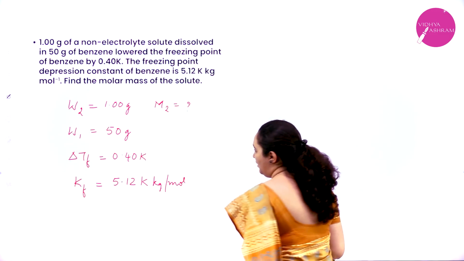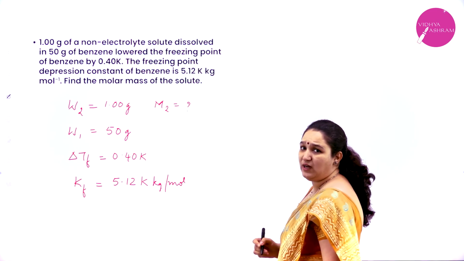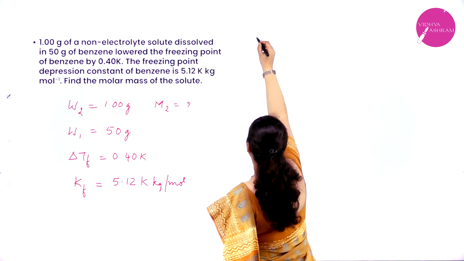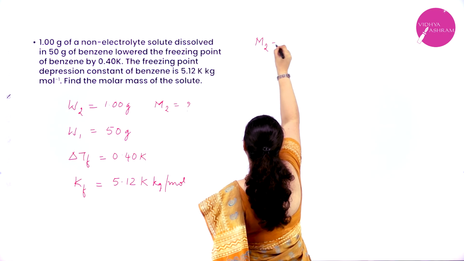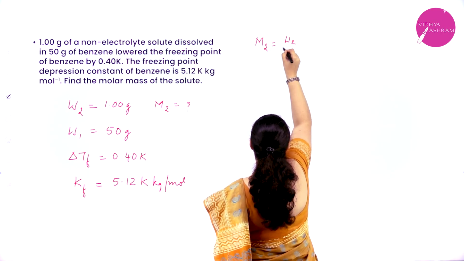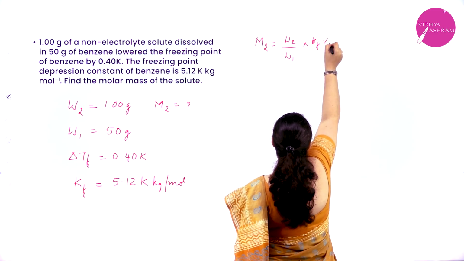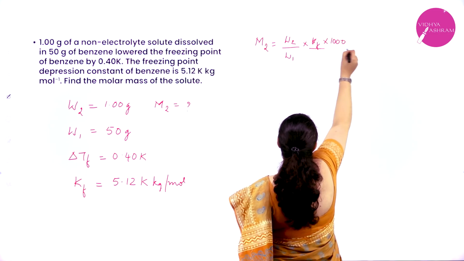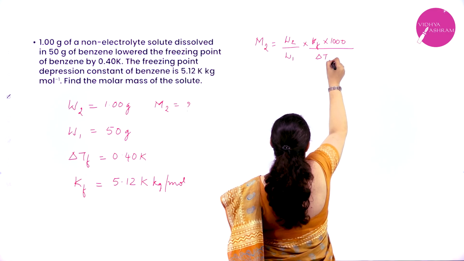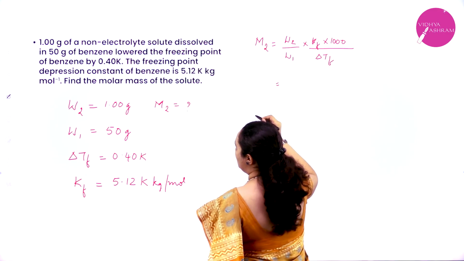I am supposed to find out the molecular mass of the solute. Same formula, but molecular mass I have to take to the other side. So I'll directly write for molecular mass. M2 is equal to W2 by W1 into Kf into 1000 by delta TF. So what is W2?